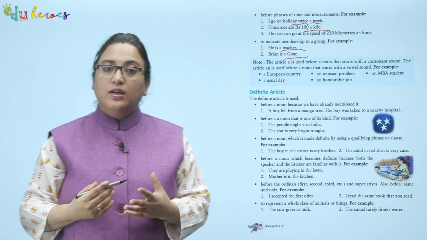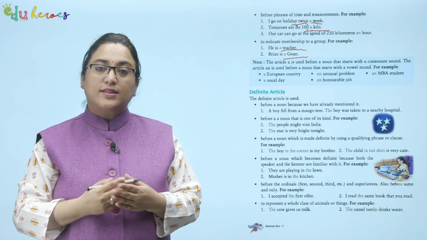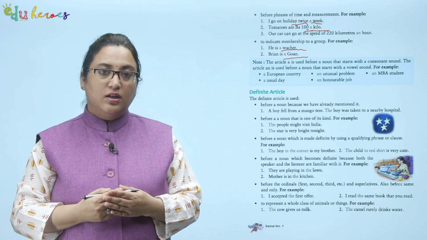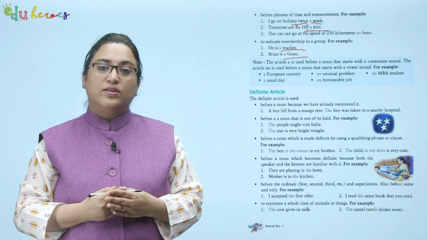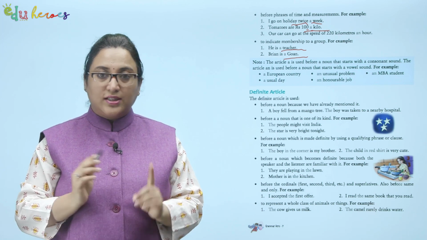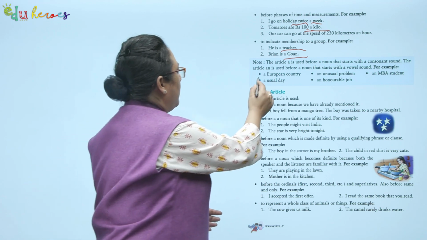Important thing to note is that article a is used before a noun that starts with a consonant sound. The article an is used before a noun that starts with a vowel sound, not just letter but sound. For example, a European country.